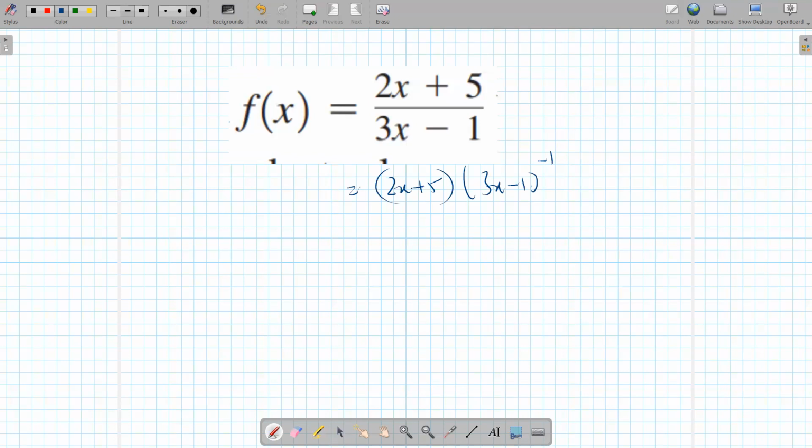Now we're going to use the product rule, because we have two different things multiplying, and now we're definitely multiplying them into one another. So it says it'll be the derivative of the first guy. What's the derivative of 2x plus 5?